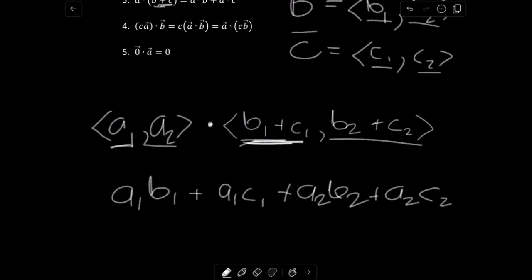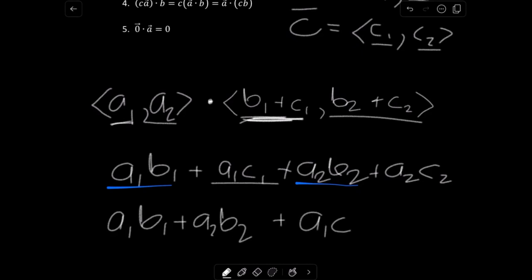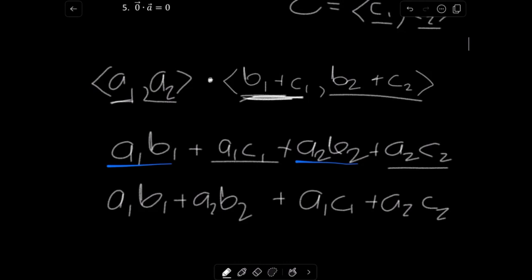Okay, and then we can do some rearrangement. What I'm going to do is take this A2B2 and write it next to the A1B1, and you'll see why I'm doing that. So it's A1B1 plus A2B2, and then plus A1C1 plus A2C2. I haven't done anything, I've just rearranged the order. Now what's A1B1 plus A2B2?